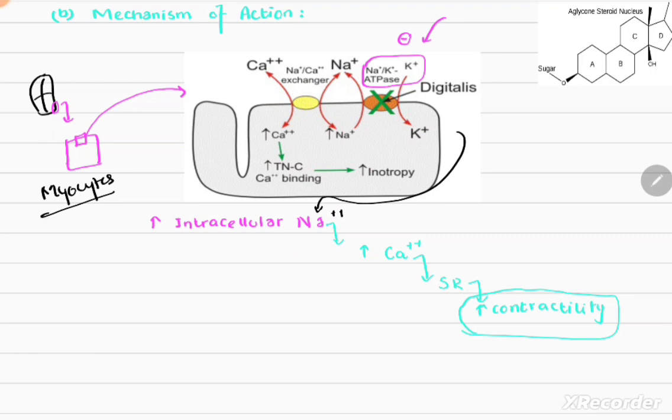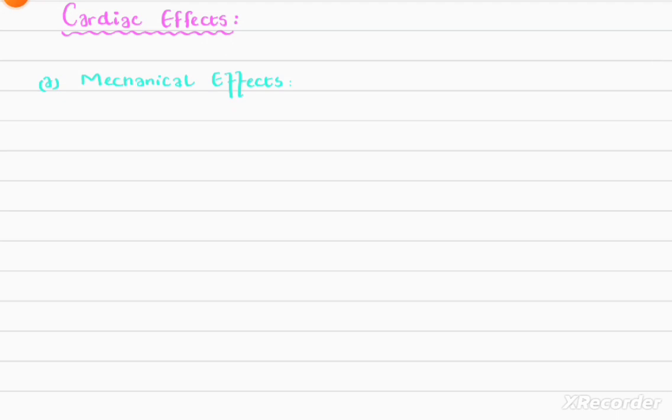This intracellular sodium will in turn cause an increase in the intracellular calcium, and this intracellular calcium will be sequestered in the sarcoplasmic reticulum, which is released in the actin and myosin vicinity, which causes an increase in the contractility, which is a desired effect of the drug digoxin. So as a result, we will have an increase in the contractility of the heart.